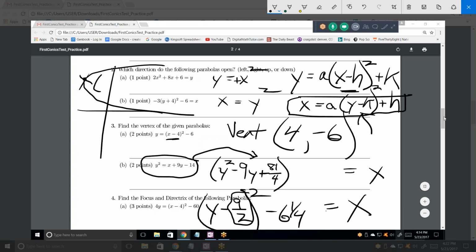It won't be until you get to calculus that you'll ever run into an x plus h. So always remember that no matter what kind of equation you're dealing with, if you're talking about an x and an h, it's x minus h. And that means that when they give you x minus 4, it means that h is a positive 4.